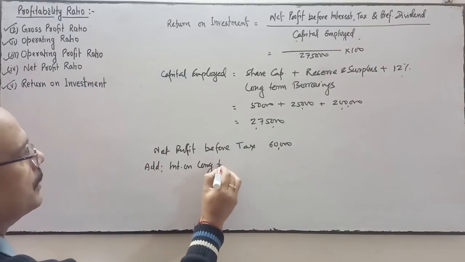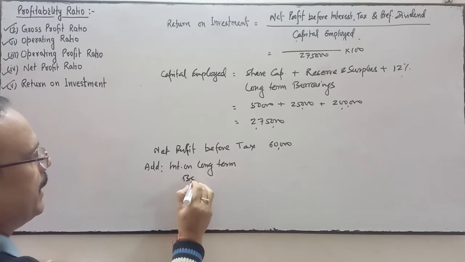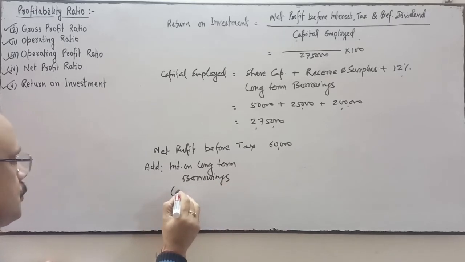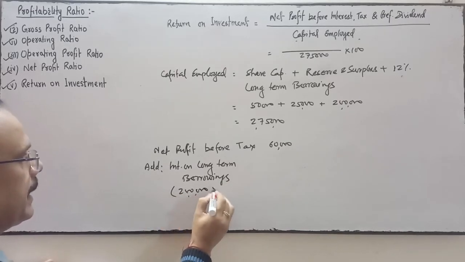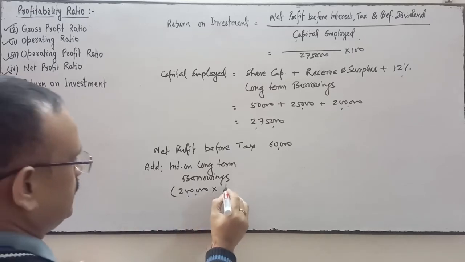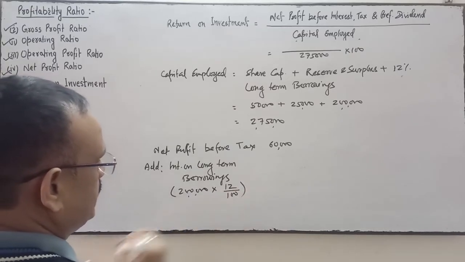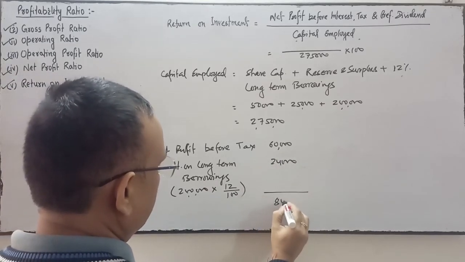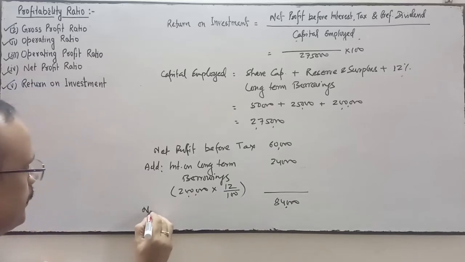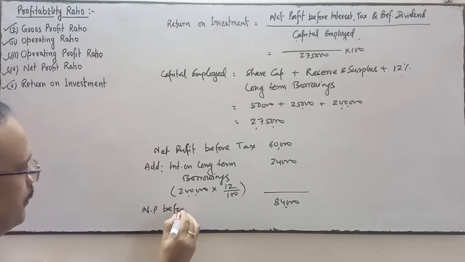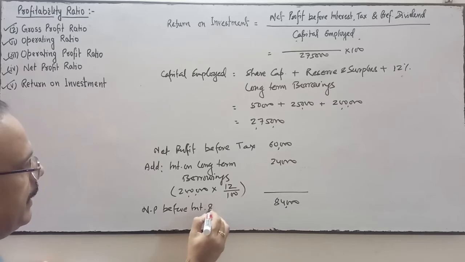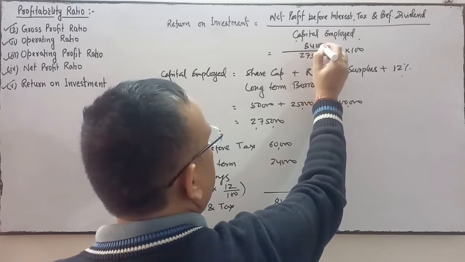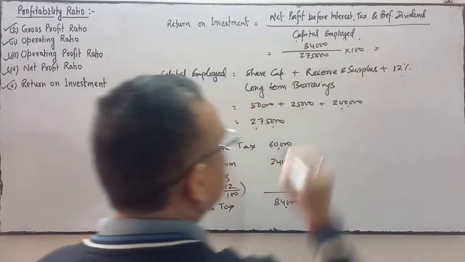Interest on long-term borrowings we will add. Borrowing is 2 lakhs and the rate of interest on borrowings is 12%, so it is 24,000. When we add it, this 84,000 is net profit before interest and tax.